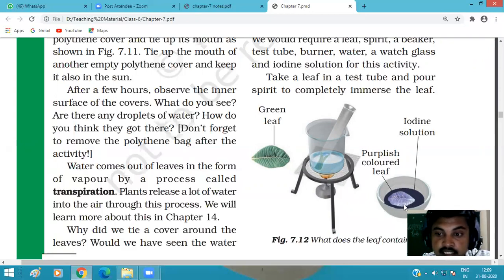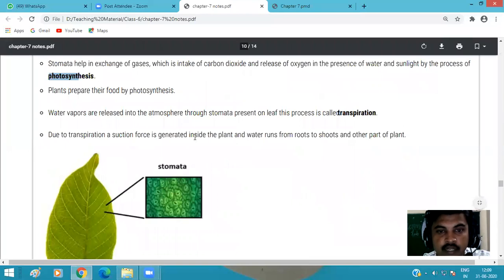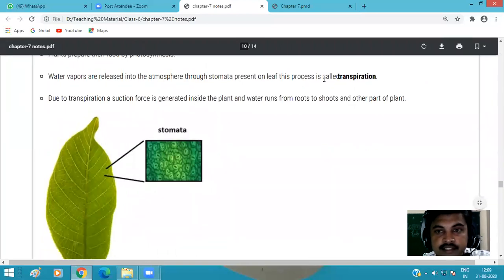In the first and second chapters, we already discussed that starch is a nutrient, a carbohydrate, and plants prepare their food in the form of starch and also store it in the form of starch. So by this activity, it is clear that plants make their own food by the process of photosynthesis.